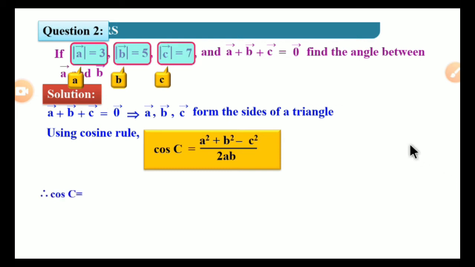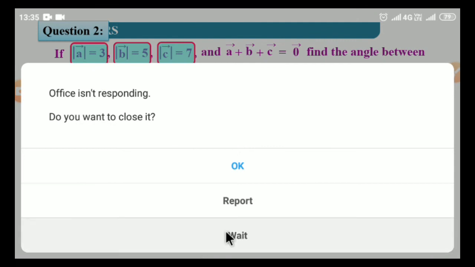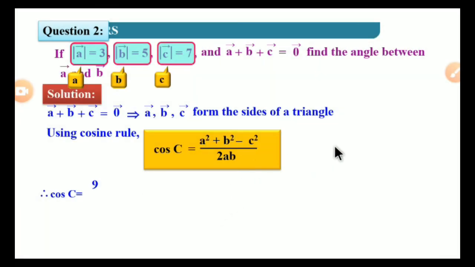Therefore here we are putting all these three values in this given formula. Cos C is equal to A square, that is 3 square is equal to 9, B square, 5 square is equal to 25, minus C square, that is 49, because 7 square is equal to 49.